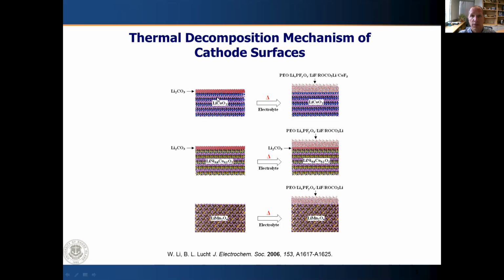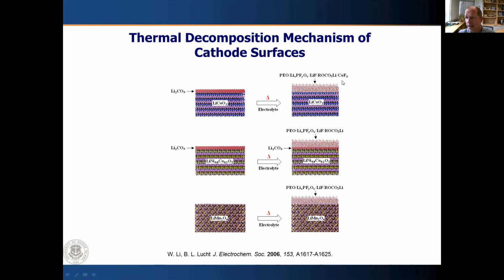And when you store these materials in the electrolyte at moderately elevated temperatures, 70 degrees centigrade for a couple hours to a day, or 50 degrees centigrade for a few weeks, this lithium carbonate layer is dissolved and removed from the surface for the most part, and you deposit a layer of electrolyte decomposition products, which include polyethylene oxide, lithium fluorophosphates, lithium fluoride, along with transition metal fluorides.